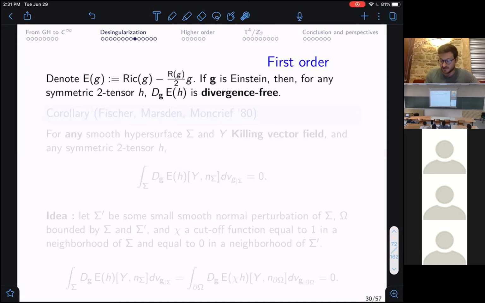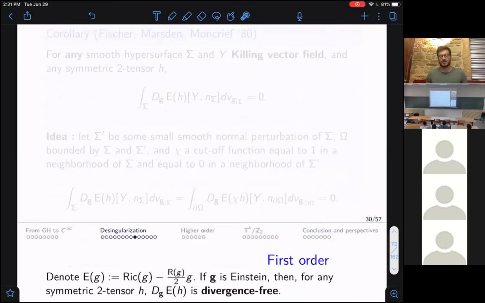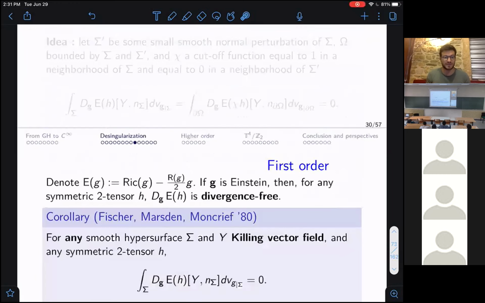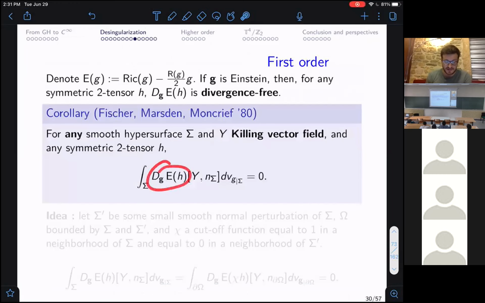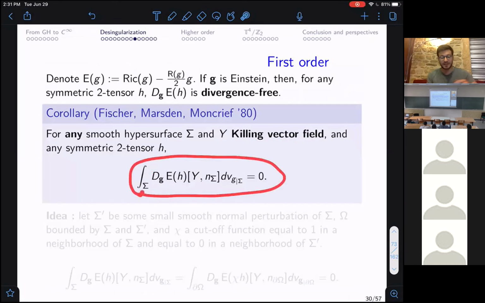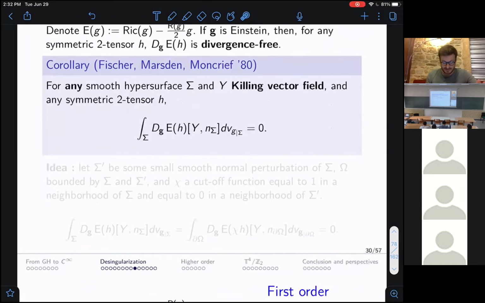So you can directly apply your divergence theorem to this tensor, the linearization in the direction H. And if you have a Killing vector field which kills the right-hand side, you will find this identity: for any hypersurface, any Killing vector field and any symmetric two-tensor H, you have the vanishing of this quantity.